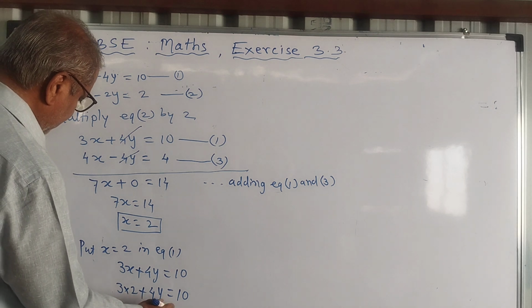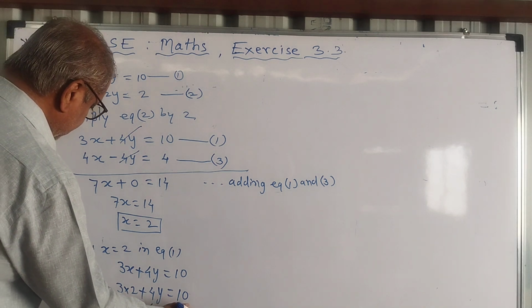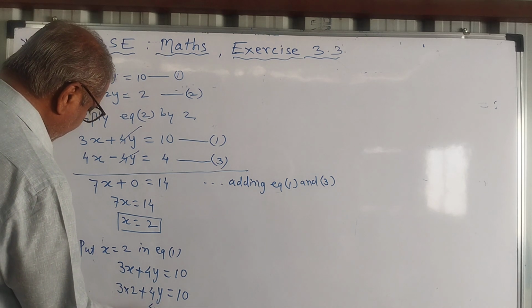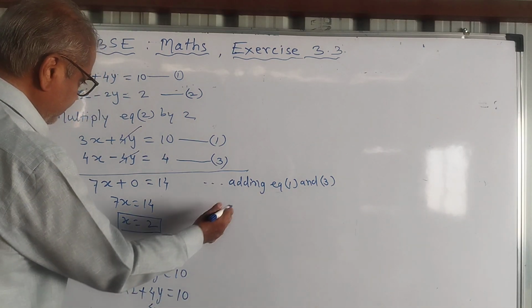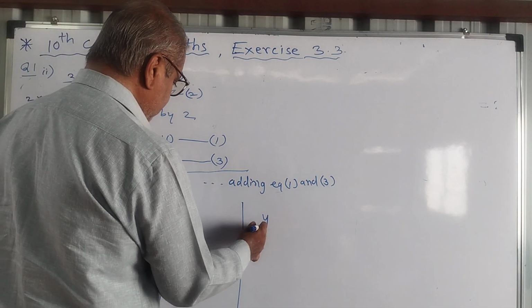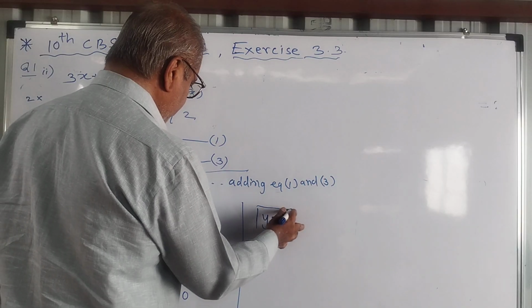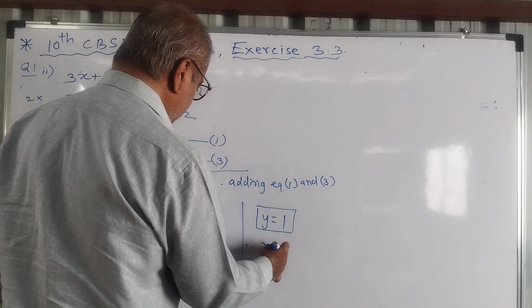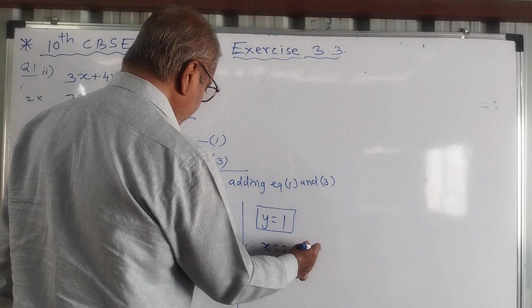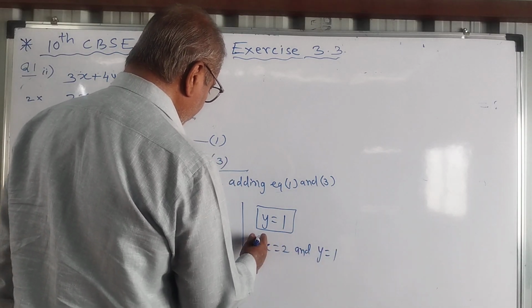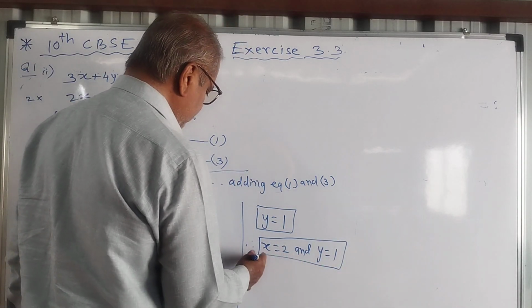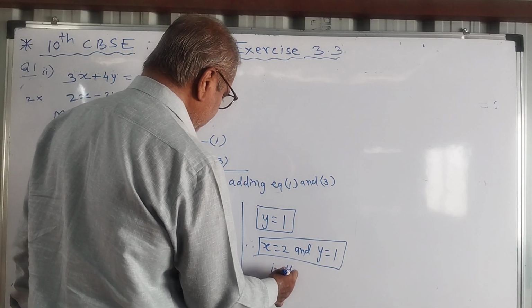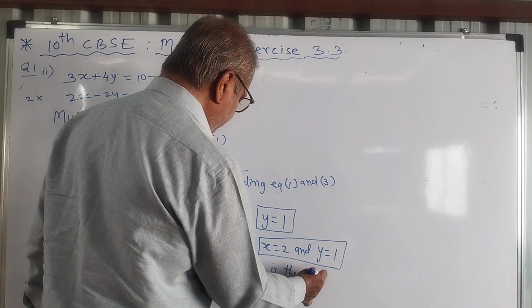So 4y is equals to 10 minus 6. So 4y is equals to 4. So y is equals to 4 upon 4 is 1. Therefore final solution, x is equals to 2 and y is equals to 1 is the solution.